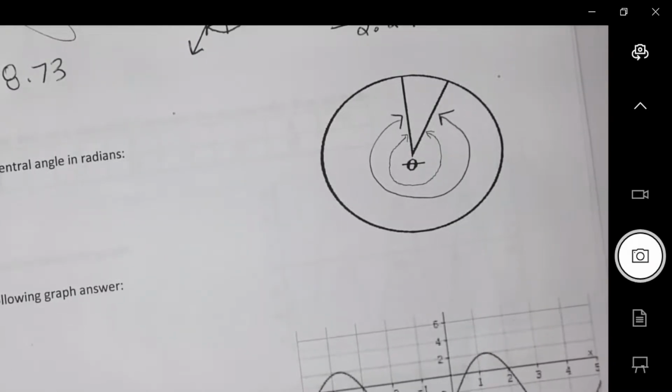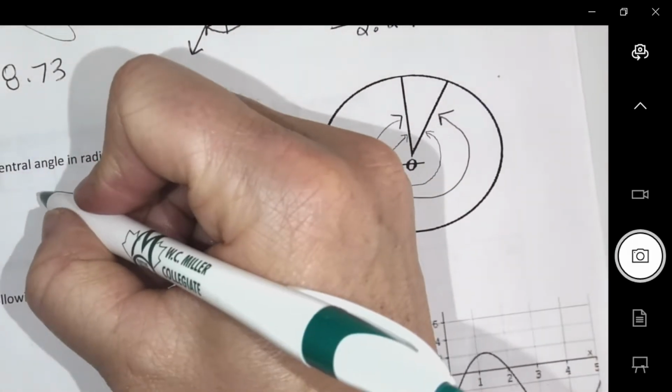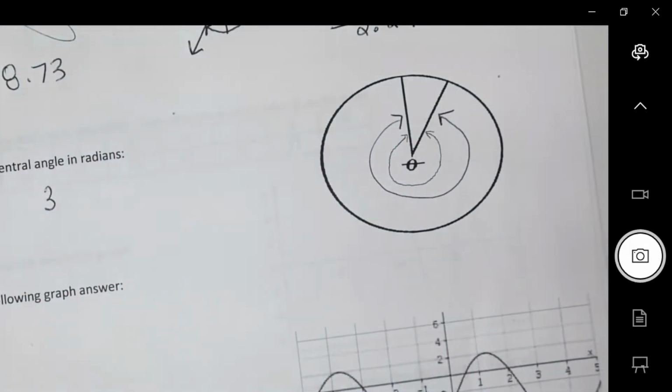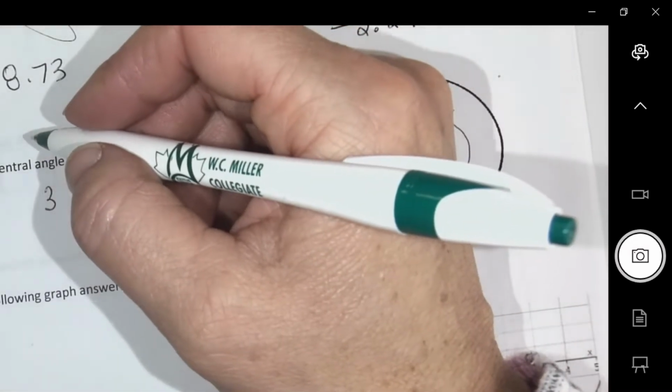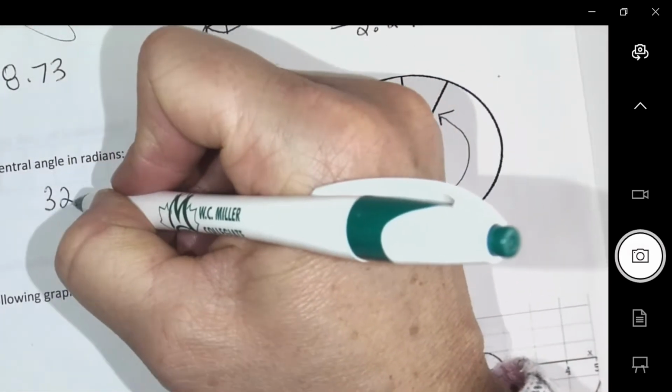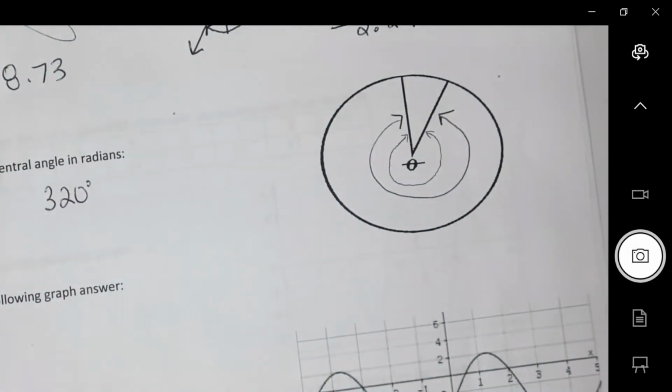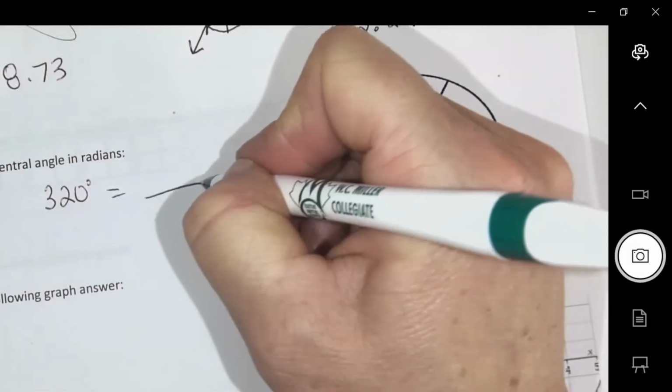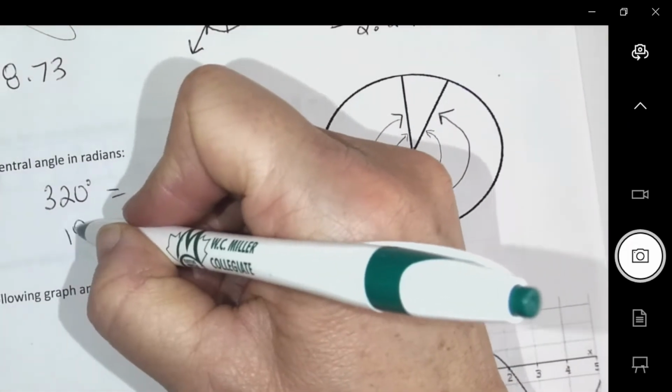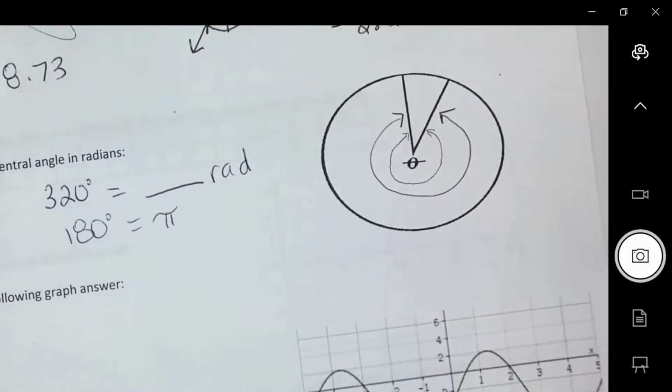What do you think? 300 and... Anybody have a good guess? 330? Is that what you said? 320, I'm going to go. Okay, I'm going to do a 320. That's about, maybe. So how many radians would that be? And if you always want to think in degrees, that's fine, and then just use your conversions.